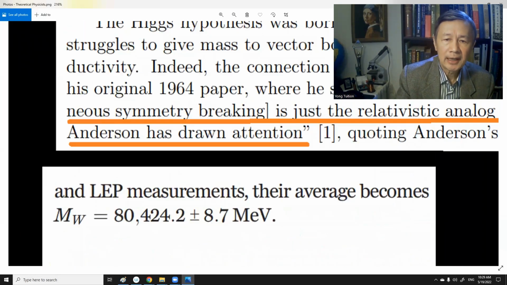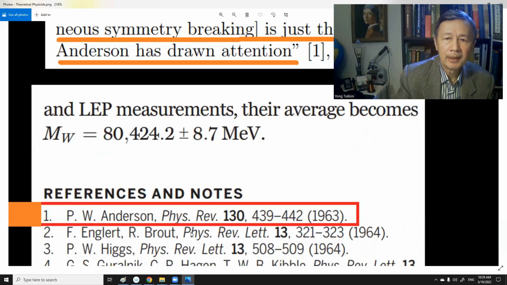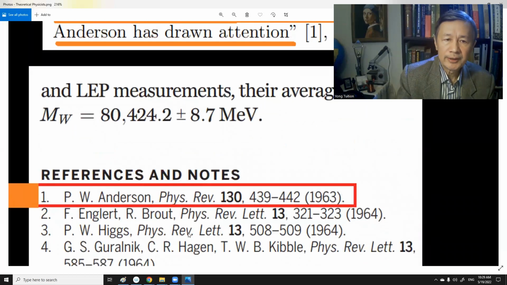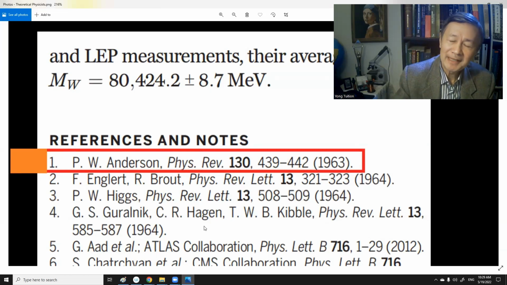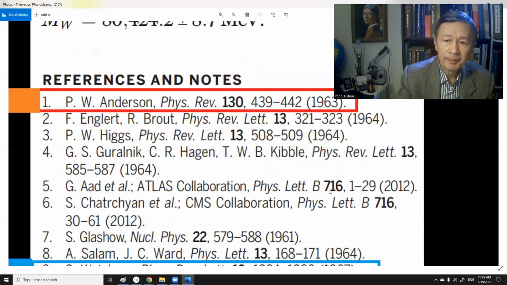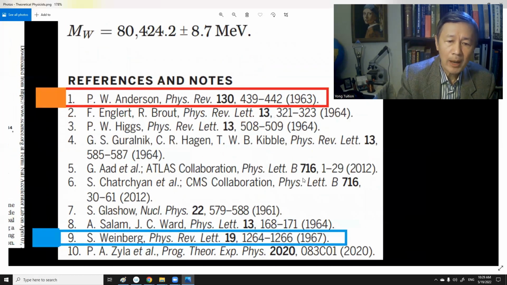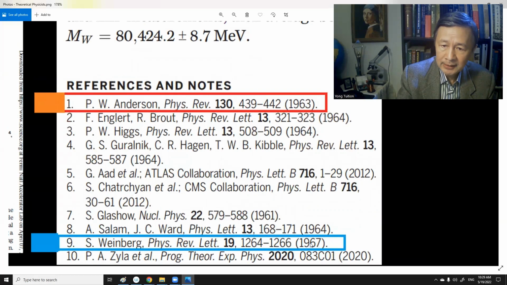So this is the last sentence of this paper outlining their result. Notice the first paper was written by P.W. Anderson. P.W. Anderson is the second theoretical physicist I'm going to talk about today. This paper was published in 1963, a few years before the publication of Weinberger's paper in 1967.